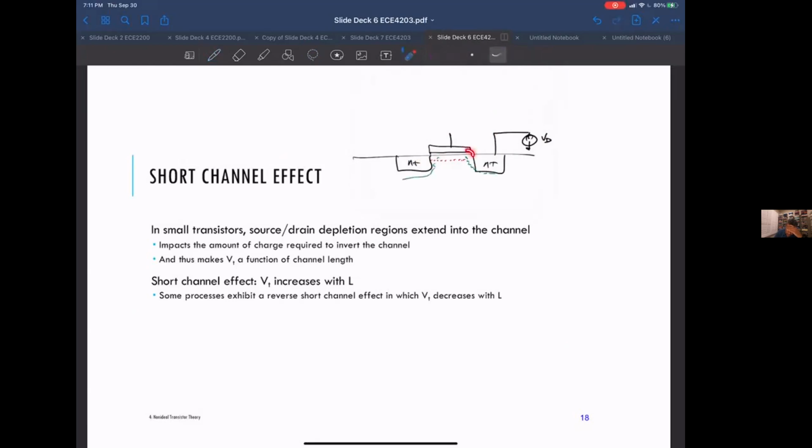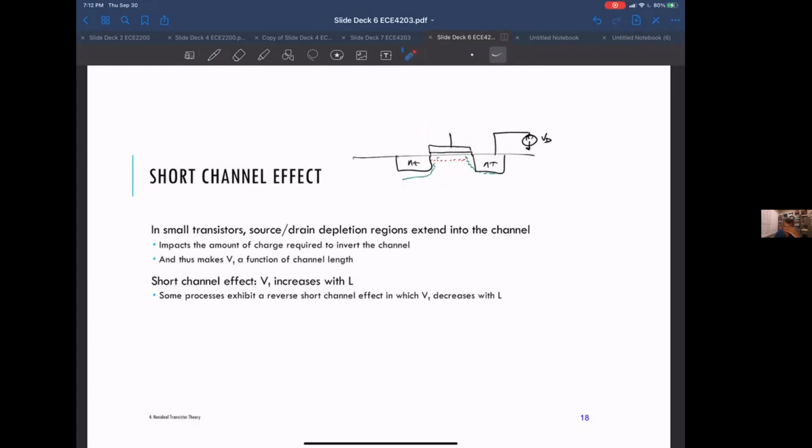As this L is reduced, it makes your threshold voltage go down, because the electric field from the drain is partially helping the transistor turn on.